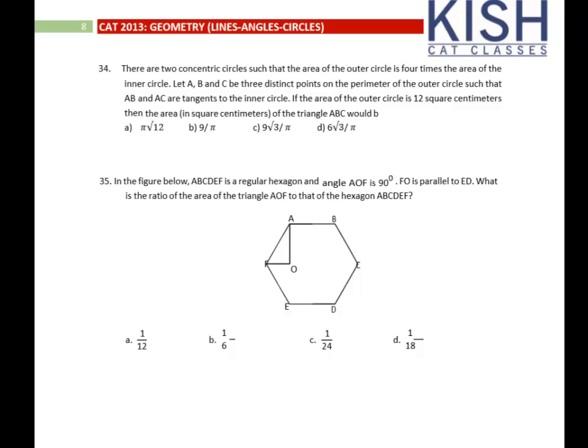So pi r square equal to 12. Then the area of that one. So if it is 12, then the inside area is going to be 3, right? 2 constant, 4 times the area, so then it is going to be 3. So this is 34. Now we are solving simple questions actually.